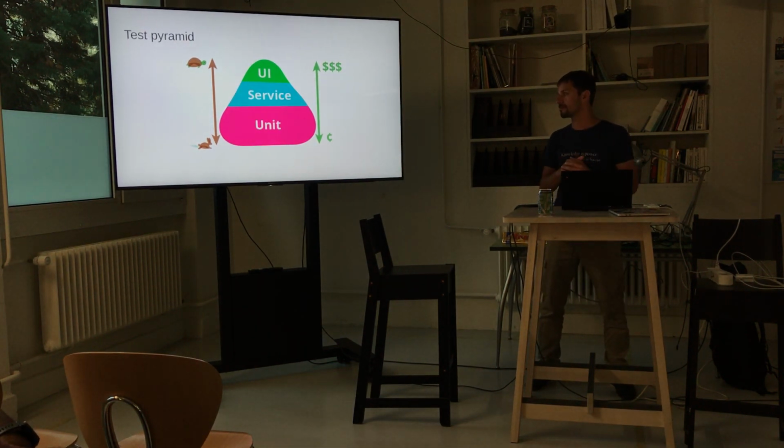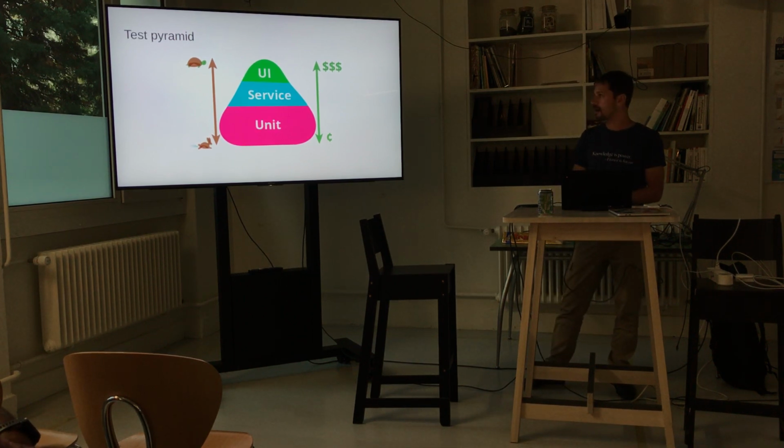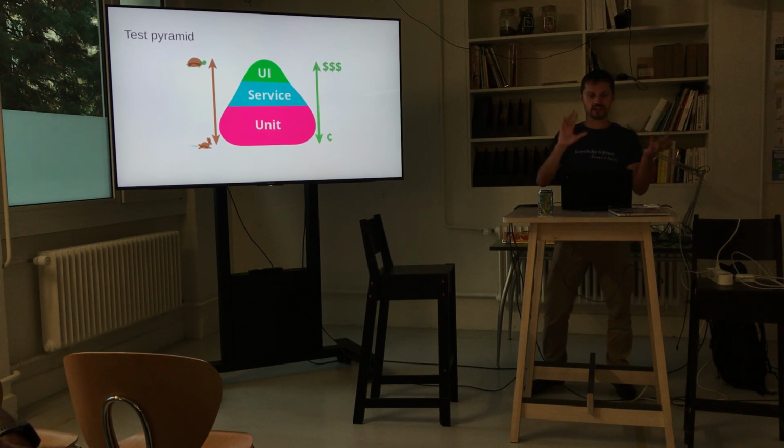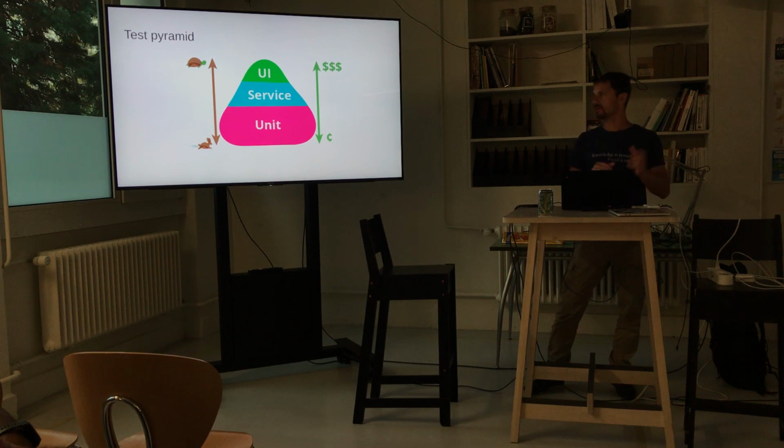At the bottom lies the vast majority, the unit tests. As these brown and green lines indicate, they're fast and they're cheap to write. And in the middle, there's some kind of integration tests between the two. Not the full integration, but some integration is tested in the middle.